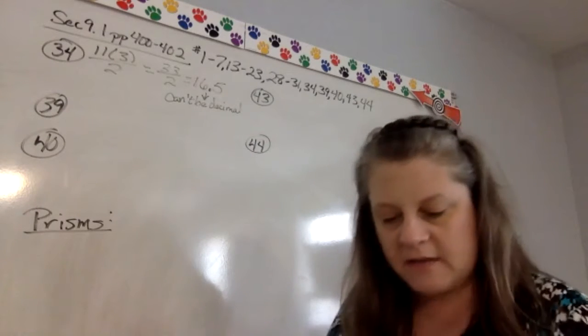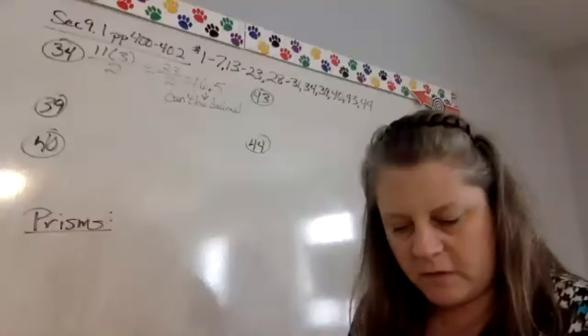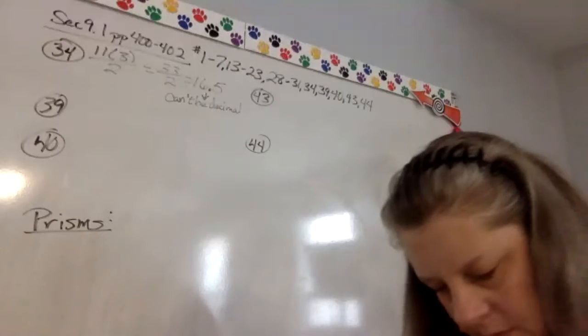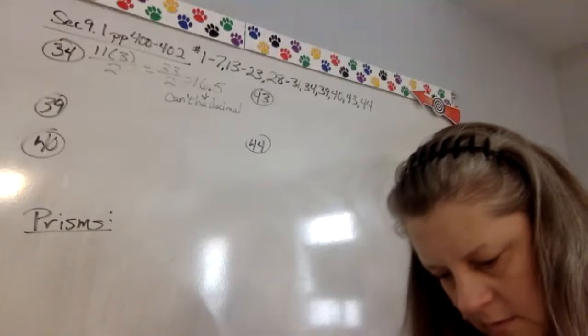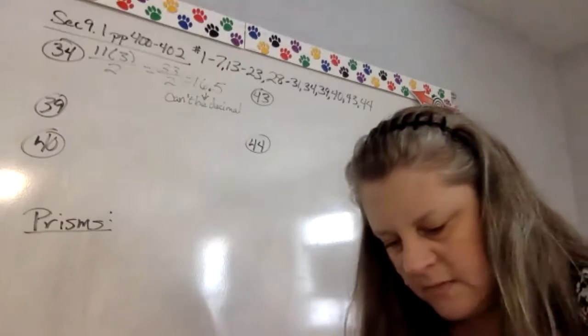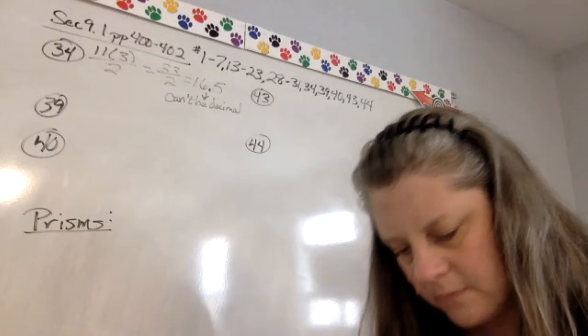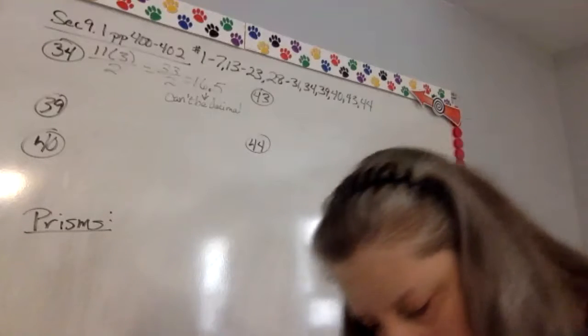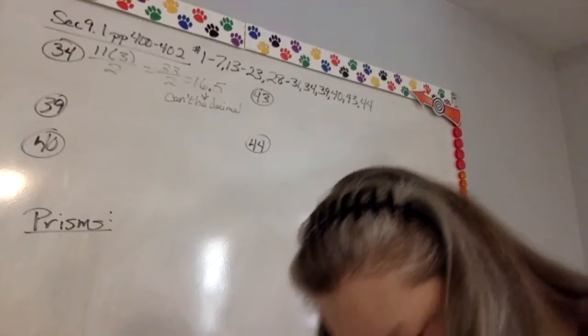Yes, because you got your 4 long ones and it would fold down. What about B? Is it going to make a cube? No. So B will not make a cube.